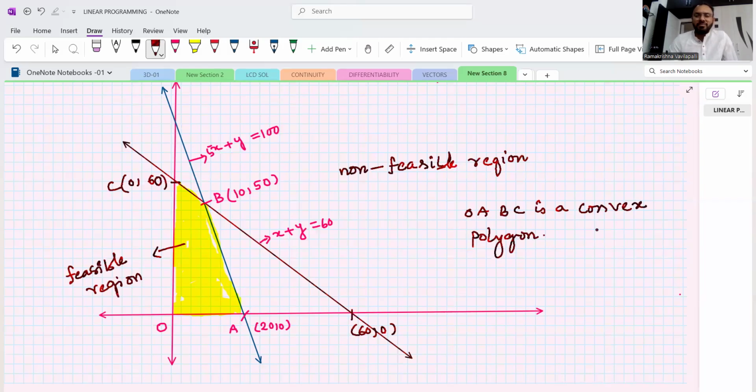The corners of this convex polygon, O, A, B, C, are known as corners.